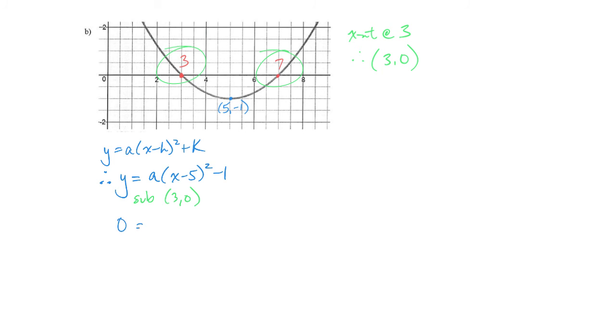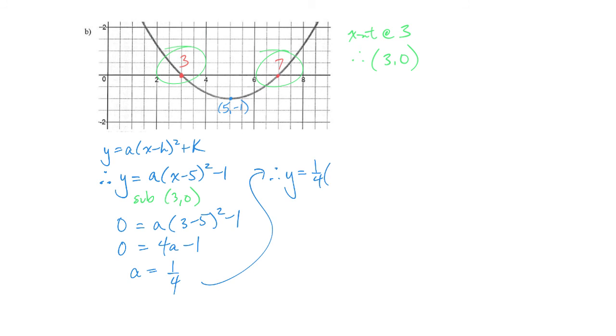Well, then that means my y value is 0 when my x value is 3. Well, then I get 0 equals 4a minus 1, and a equals 1/4. So do what the problem said, write the equation of the parabola. Let's sub back in our 1/4 with our vertex, and we're good. Hopefully that went okay, and I would guess that I would have a bunch of people that would have that same thing on their page.